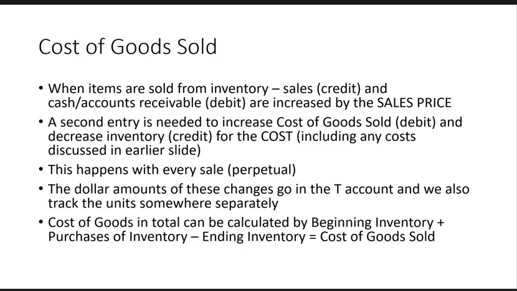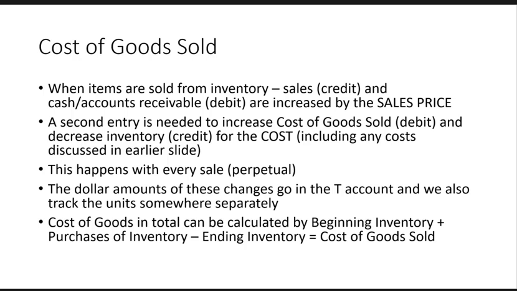This should be a little bit of review from earlier accounting classes. From a journal entry, debit and credit standpoint, when we sell things, we have two journal entries. One is for the sales price: credit sales, debit either cash or accounts receivable. The second entry is to cost of goods sold: debit cost of goods sold, and credit to decrease inventory for the cost, what we paid for it.